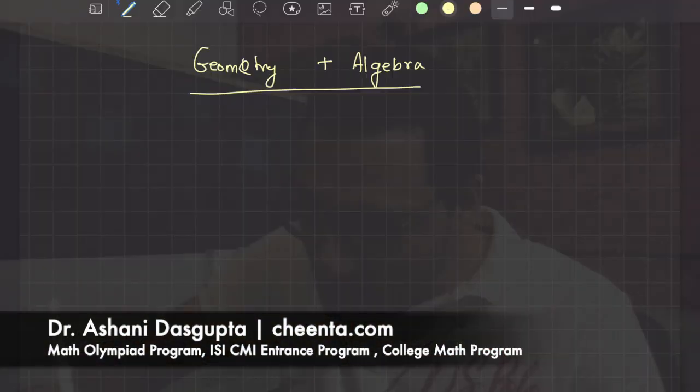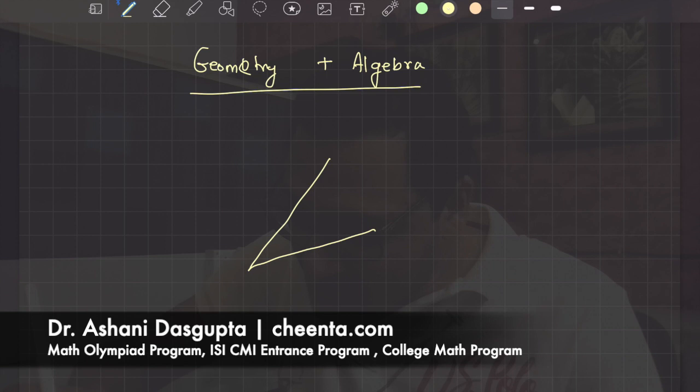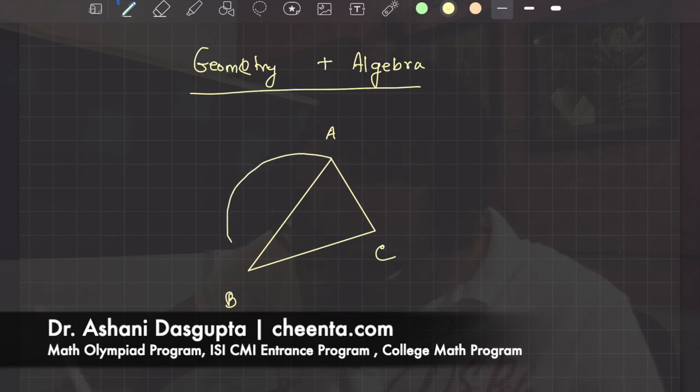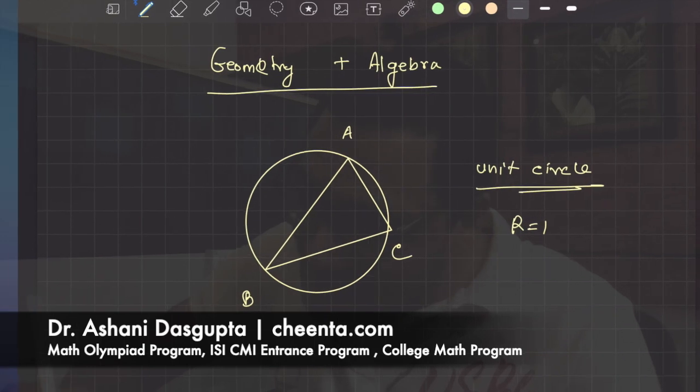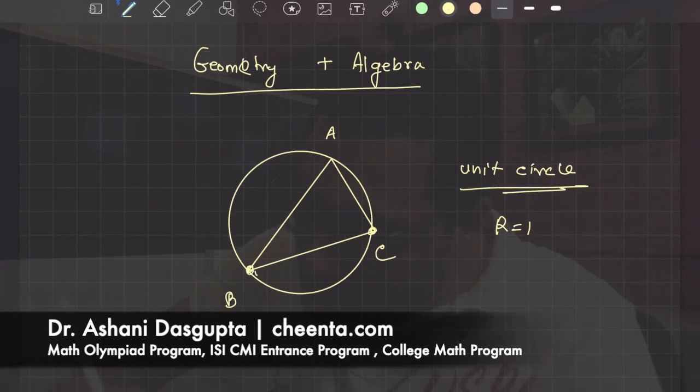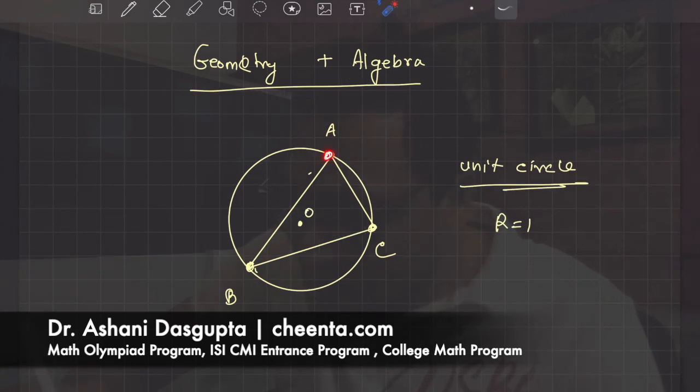We have a triangle ABC like this, and we have a circle. For the moment, suppose this is a unit circle, which means the radius of it is 1, and the center of the unit circle is O, and all of these points A, B, C are on the circle.